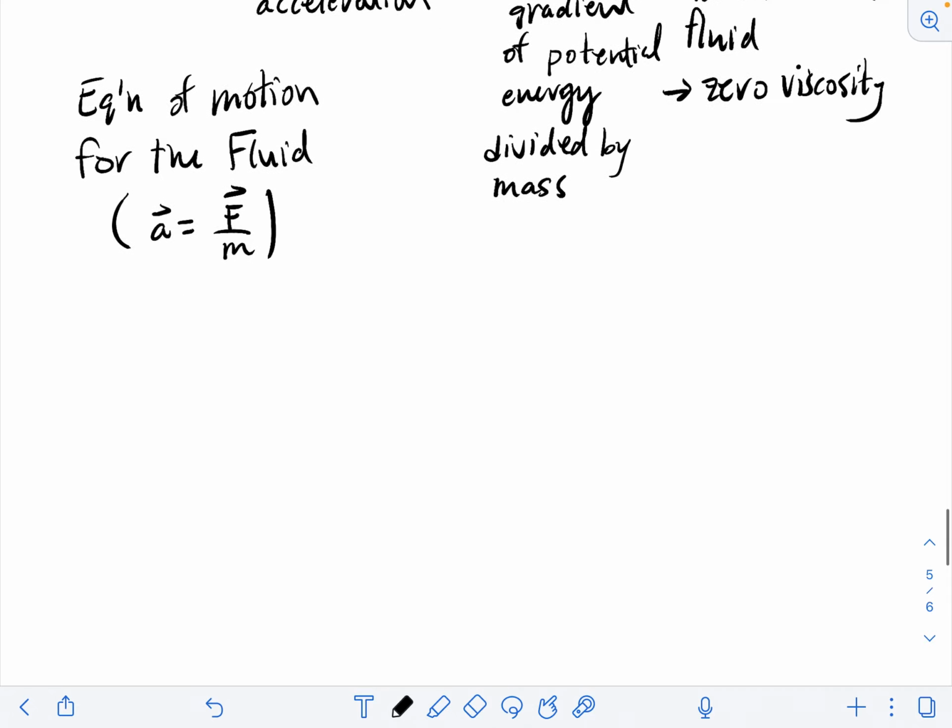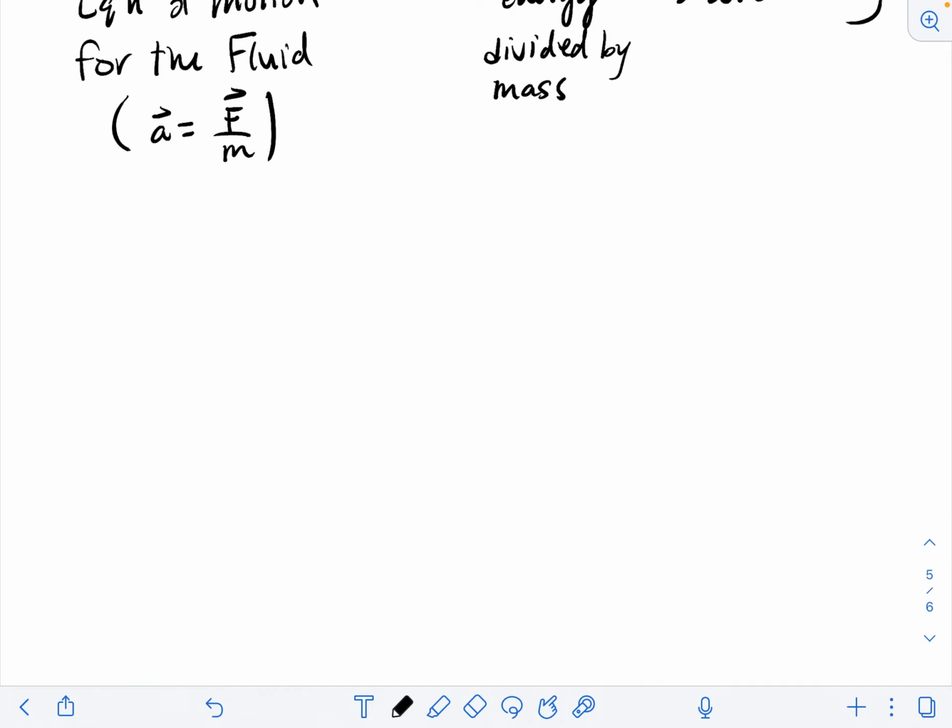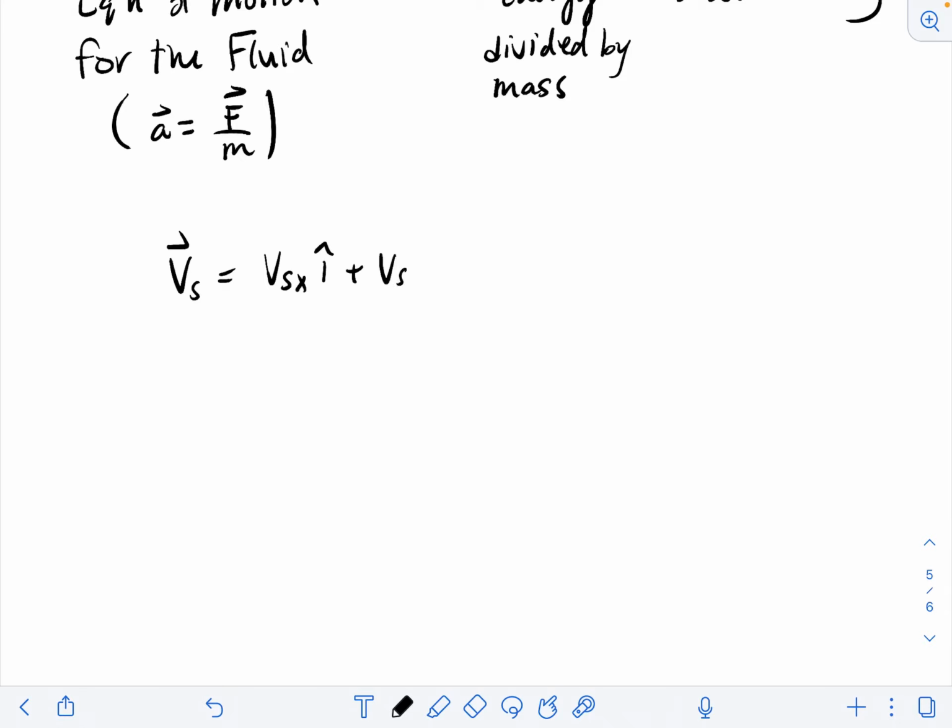So in Cartesian coordinates, we could write down a general vector for the superfluid velocity as an x component and a y component and a z component. And so this superfluid velocity is going to depend on position.